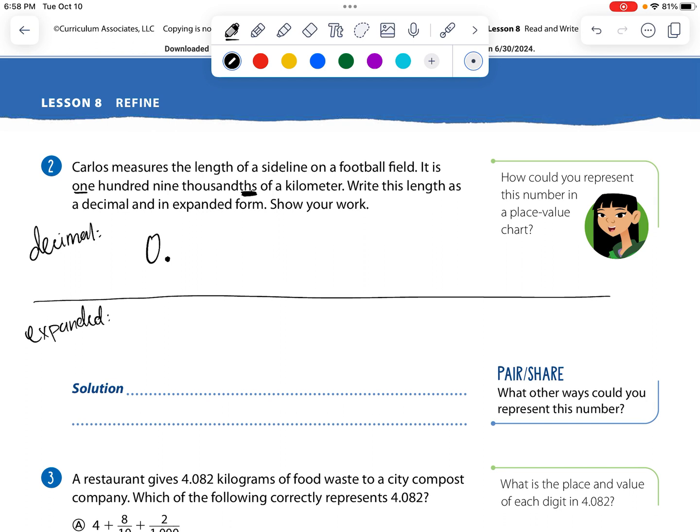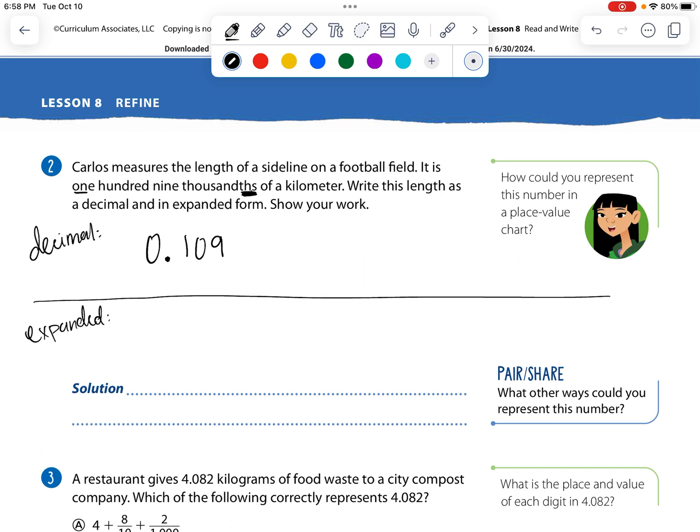Okay, hold on. I'm trying to make sure I'm teaching you right. So it's going to be 109 thousandths. I know that can be tricky, especially because that's technically in the 10th place.